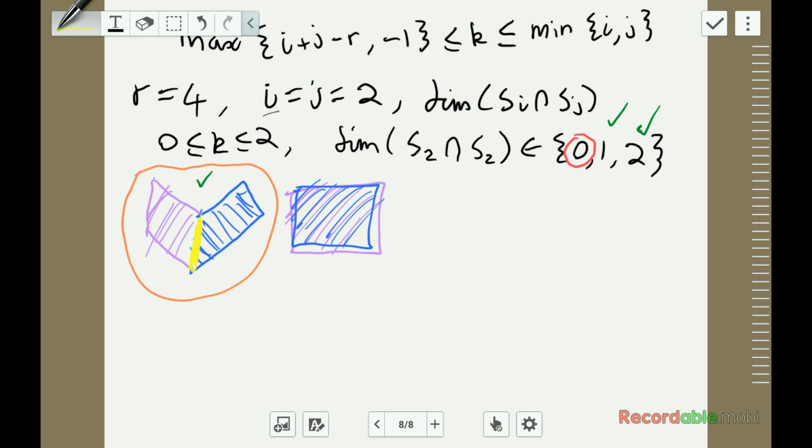Let's say you picked a point on this yellow line, and then you tilted this blue plane about this yellow line in the fourth dimension. Well, that would destroy this line of intersection, but preserve this point of intersection. And therefore we would have something like this, where the only intersection is this green point.